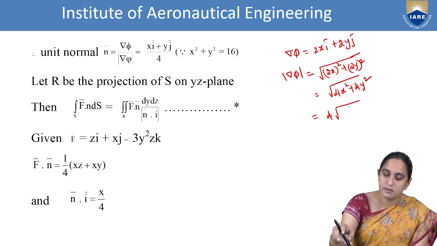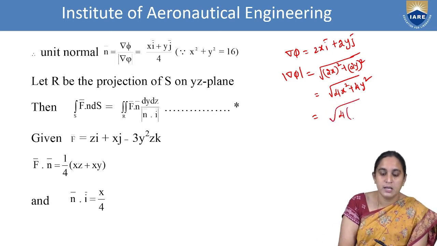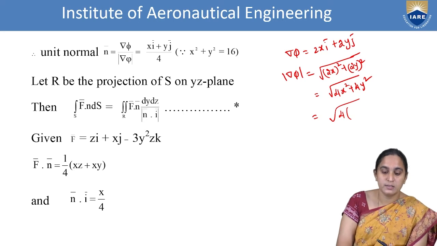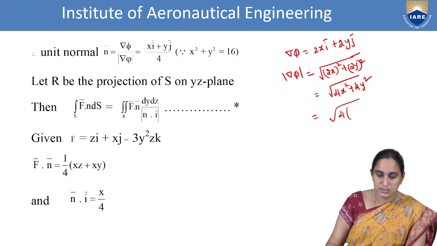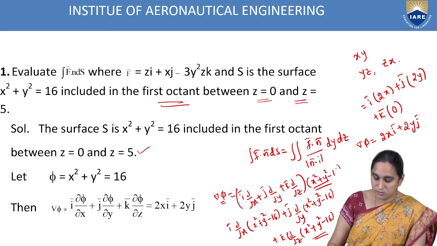That's why I'll take under root 4 into x square plus y square. X square plus y square is equal to 16.